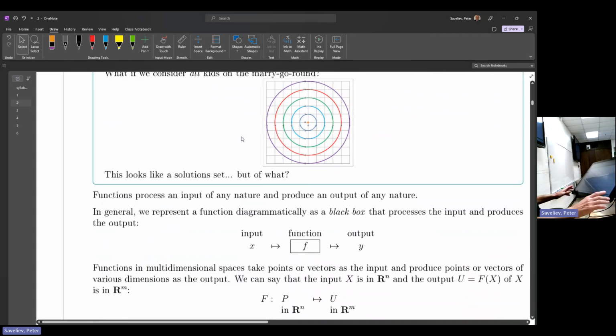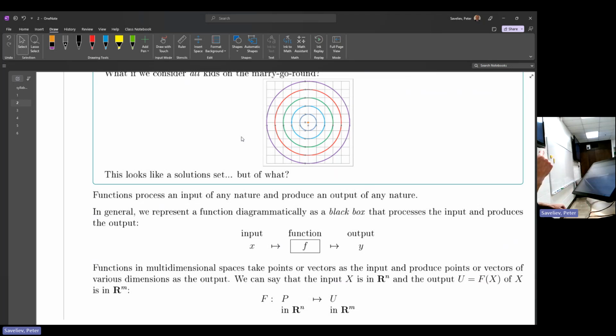So let's specify some things about what we are facing, and that's what it means to have a function. It is nothing but a black box that carries out computation from the input into the output. Neither input nor output has to be a number. That's calculus 1 that's been going on for too long. More likely, it is going to be either a point or a vector.